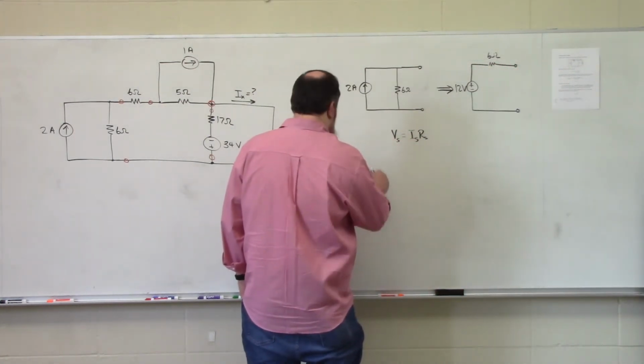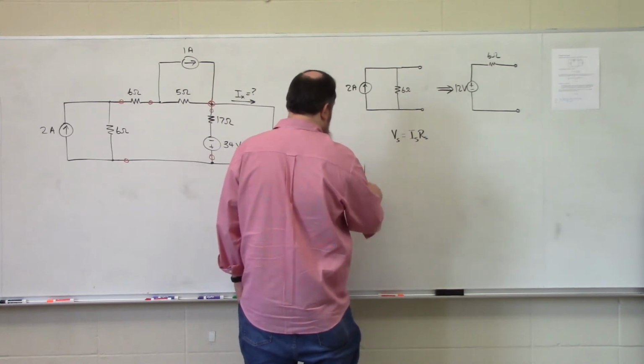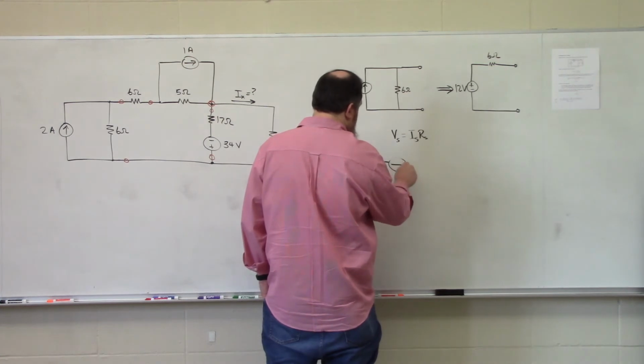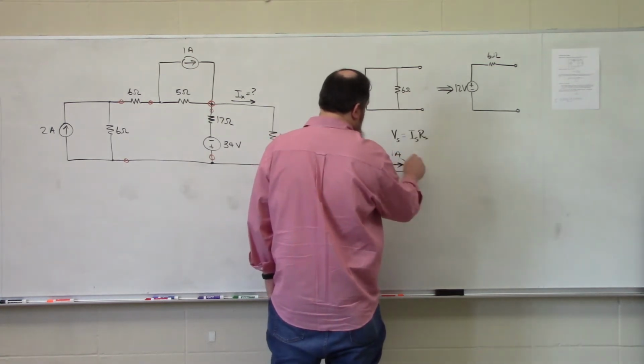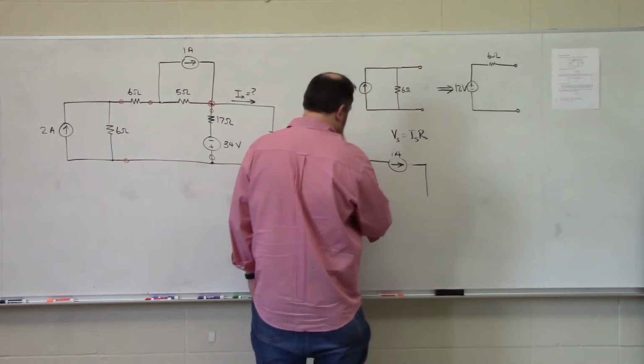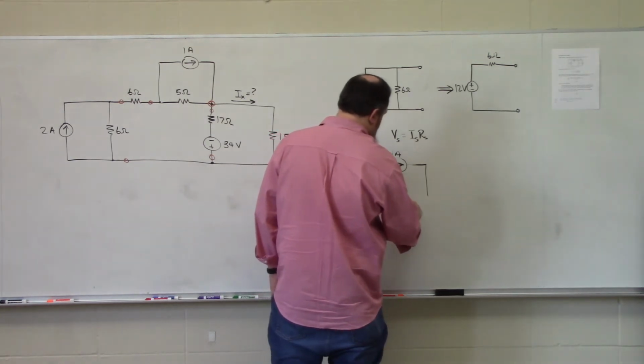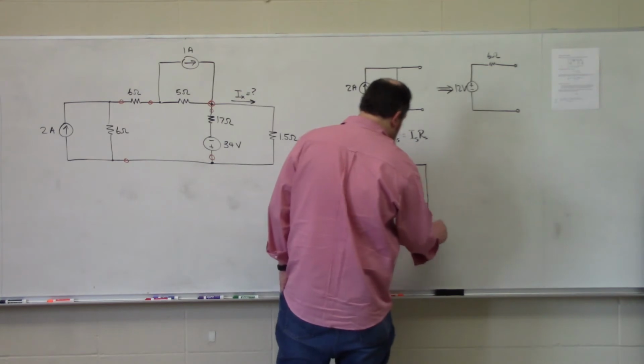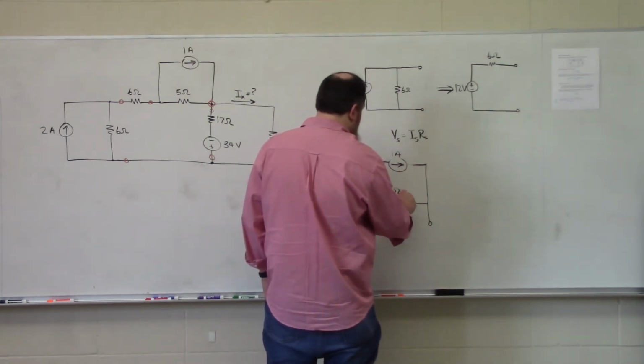So we have a 1 amp source in parallel with a 5 ohm resistor.